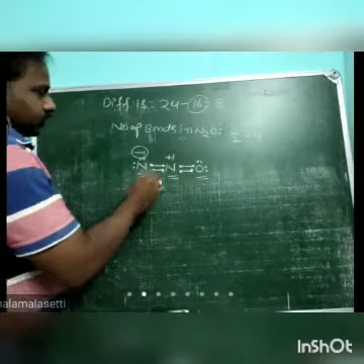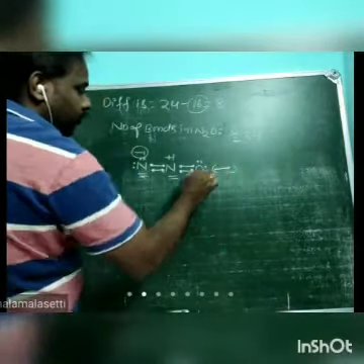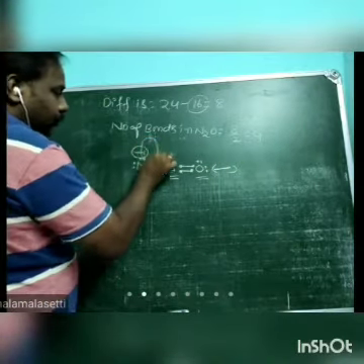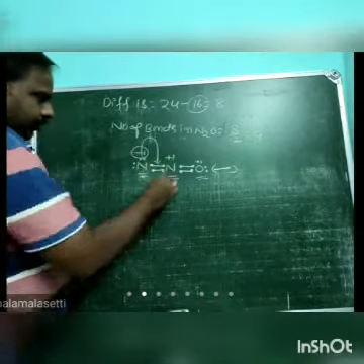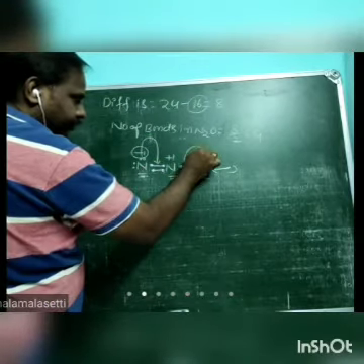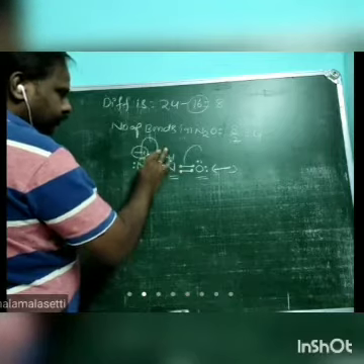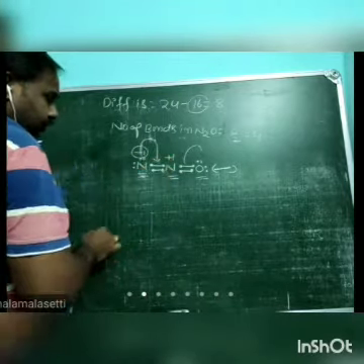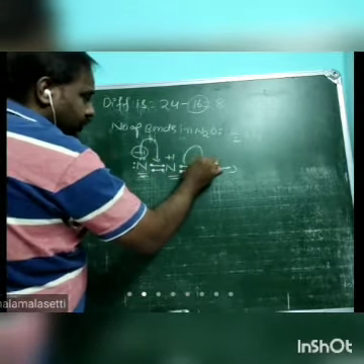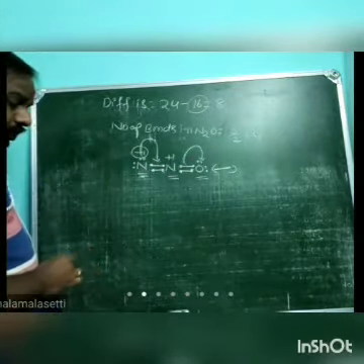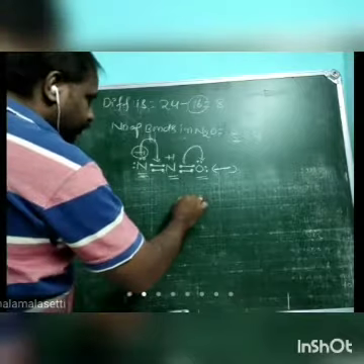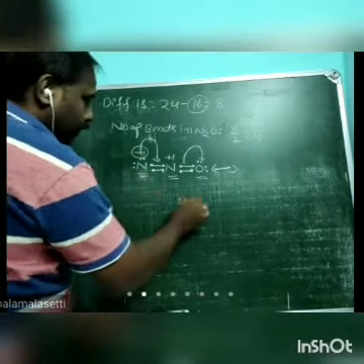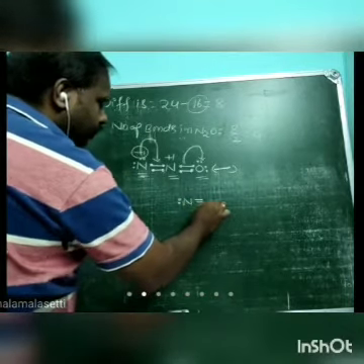In this case, we can write one more resonance structure. That is, this lone pair is shifted here. This electron pair is shifted to here. Then what happens? Nitrogen contains 1 lone pair. It becomes a triple bond.